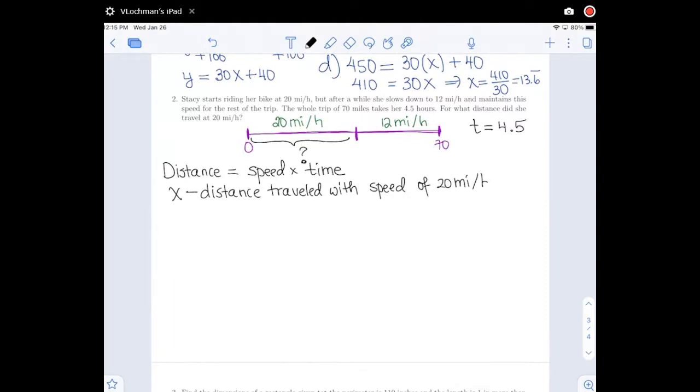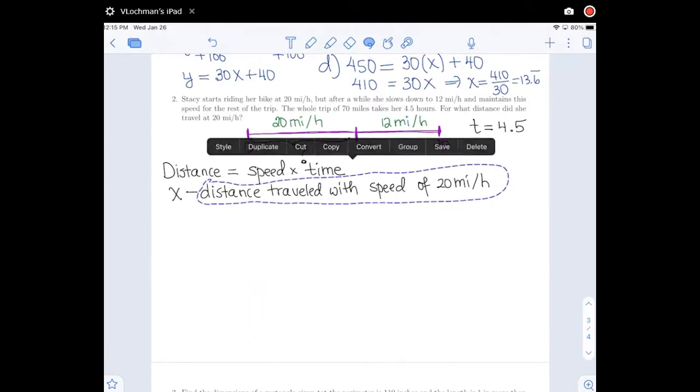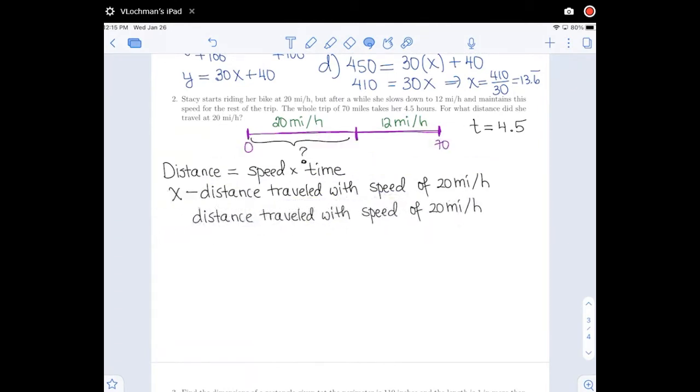Okay, so then what is the distance traveled with the lower speed? Can anyone get an idea? If x is how long she traveled with 20 miles per hour. Okay, somebody says y. I want to have it in terms of x. See if you have a good idea. If not, of course I'm going to tell you. So x2. Is it x2? Is that what you're saying, Elijah?